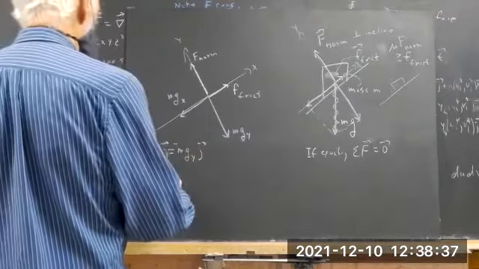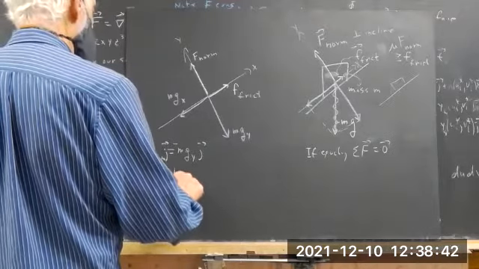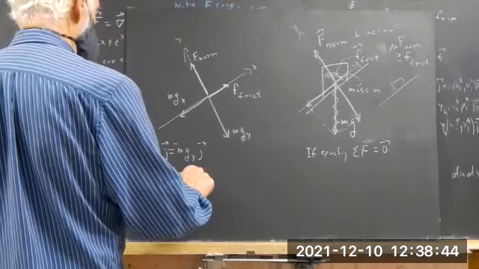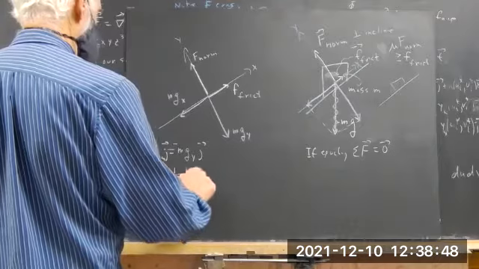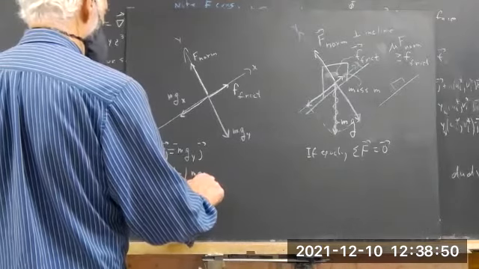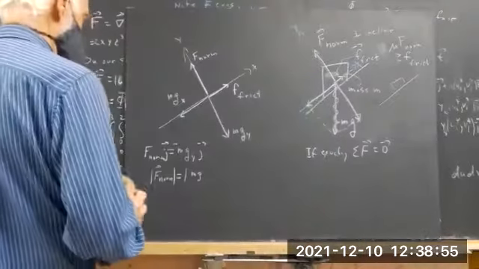So the magnitude of F norm equals the magnitude of mgy.